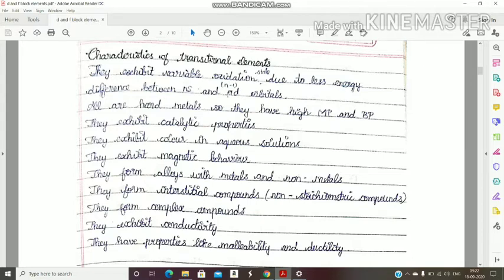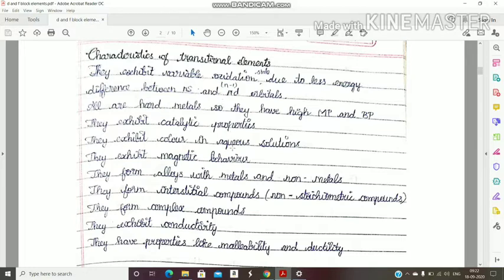That means ns n-1d. In case of scandium, that means when scandium reacts with any other substance, then the electrons present in ns and n-1d, nothing but 4s and 3d, those electrons involve in reaction.